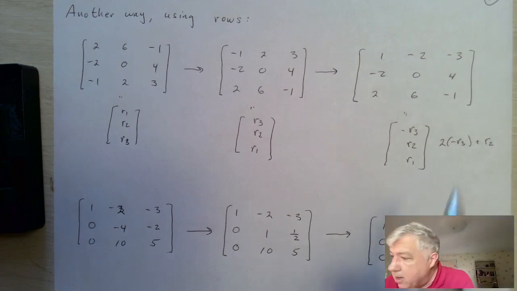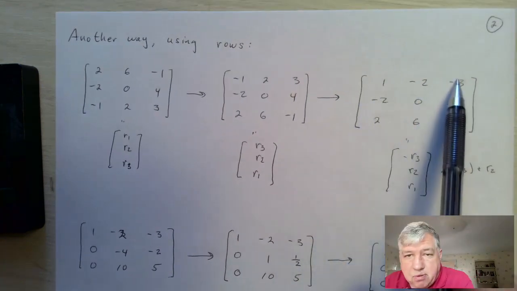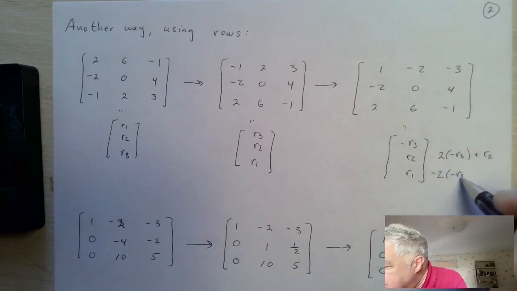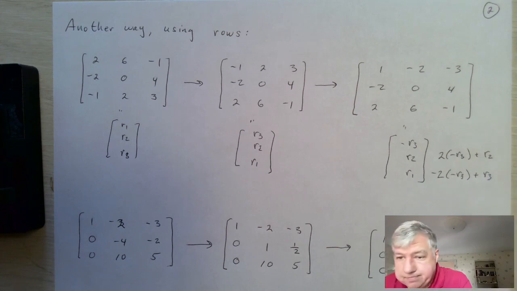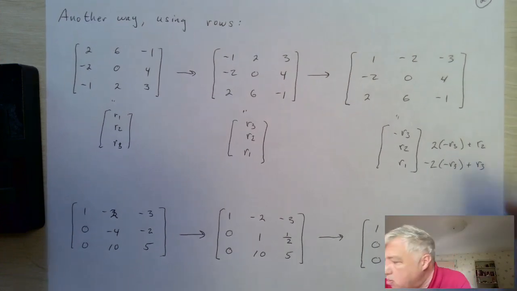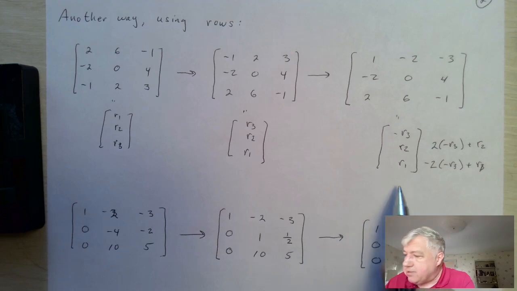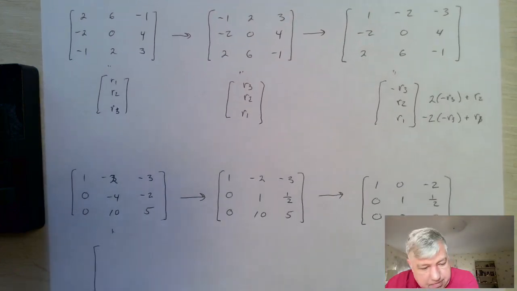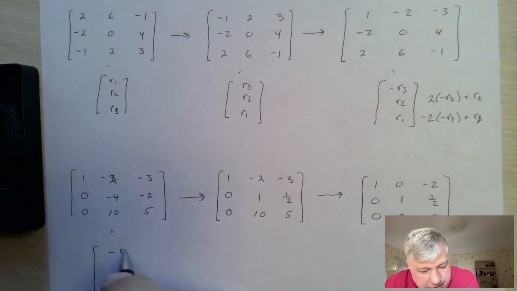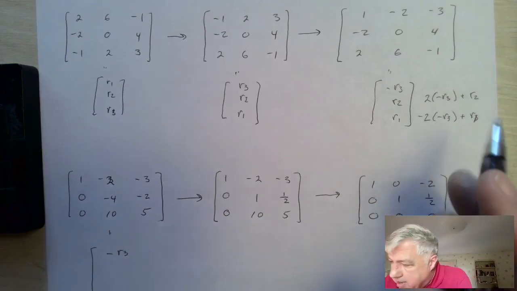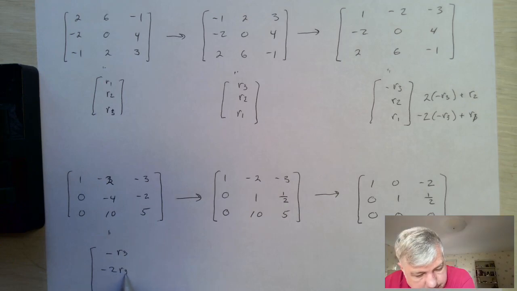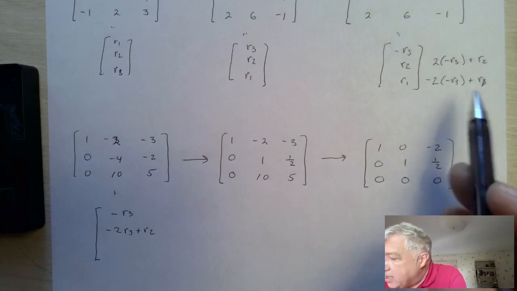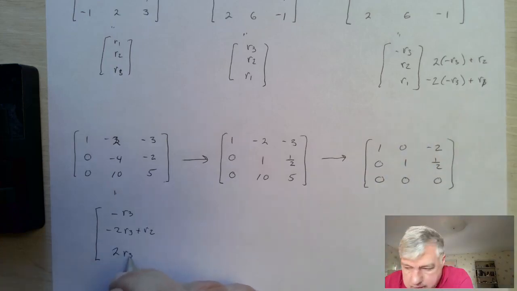And then we multiplied this row by -2 and added to the bottom row. So this was -2 times -R3 plus R1, because that's the bottom row now. And when we do that, this becomes -R3, this is -2R3 plus R2, and this is positive 2R3 plus R1.